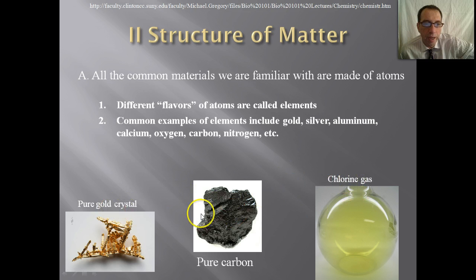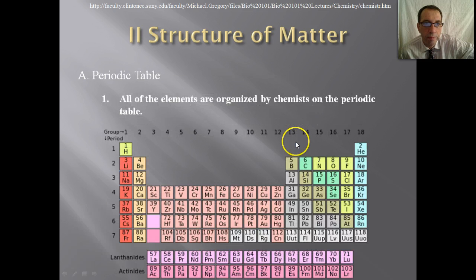Most of the elements, in fact, are solids, but there are a few that are gases or even a couple of liquids thrown throughout the periodic table of elements. All right. Examples include gold, silver, aluminum, calcium, oxygen, carbon, nitrogen, and on and on. There's about 98 of them, as I'll discuss in a minute, that occur naturally. All of those elements that I've been describing are found on what's called the periodic table of elements that is used by chemists, and anyone engaged in chemical work usually has to refer to the periodic table for one reason or another.